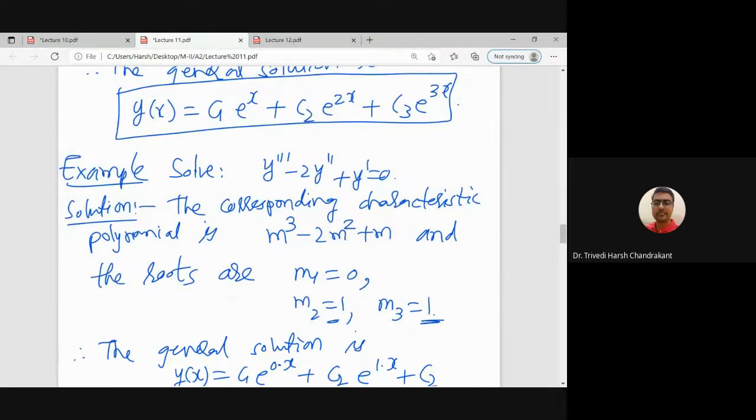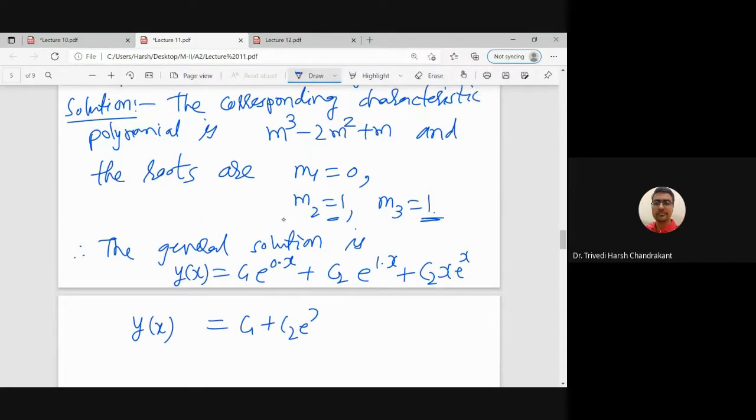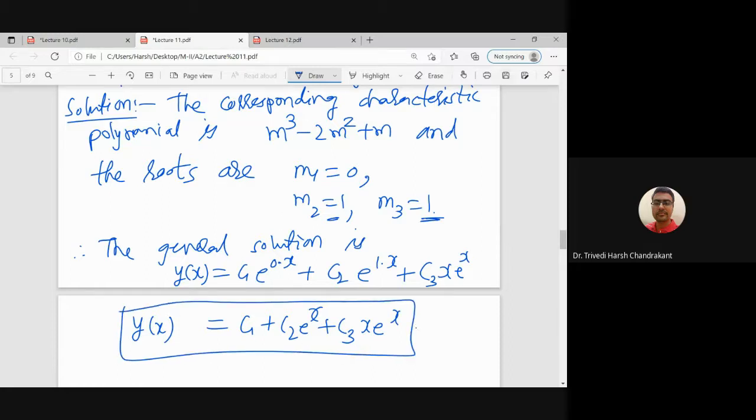So as many times it is repeating, we multiply by x that many times. So that is x e power x. So let us write down this finally. What we will get is c1 e power 0x, which is c1, plus c2 e power x, plus c3, the third constant, times x e power x, right? So in this case, we will get this solution.